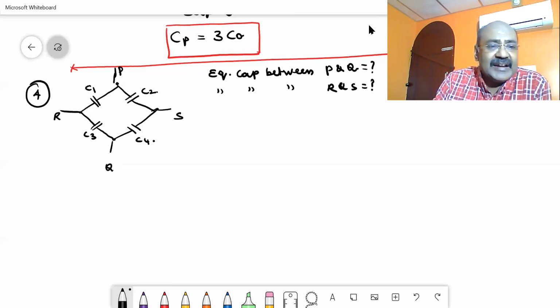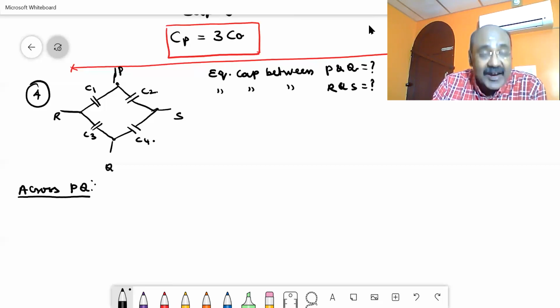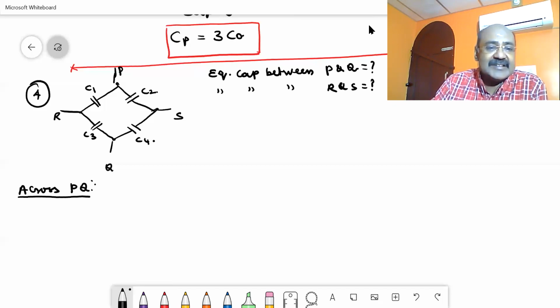So first of all, let us consider across PQ. If I am taking across this P and this Q, step 1: C1 and C3 are in series, and C2 and C4 are in series. So let us write step 1.